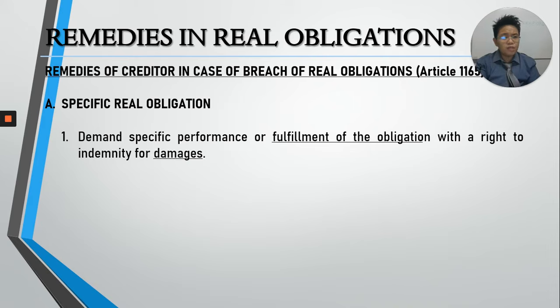So, the law provides for remedies to the creditor. Siyempre, siya yung may right na mag-demand. Hindi niya makuha yung kanyang demand. So, ito yung remedies. Specific performance or fulfillment of the obligation with a right to damages. So, go to court. The court will order the debtor to perform the obligation or to deliver the object. Specific object. So, yun ang tandaan nyo.